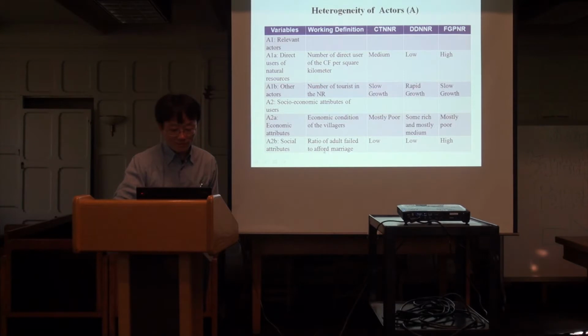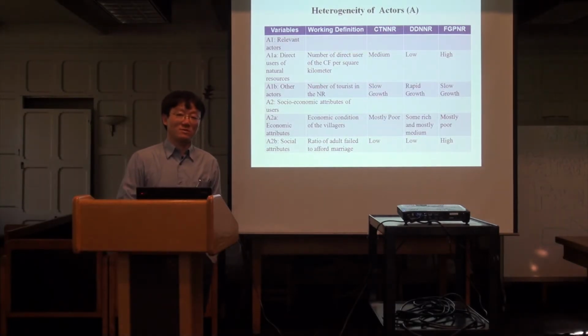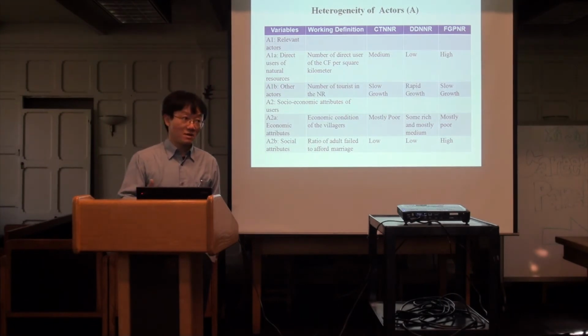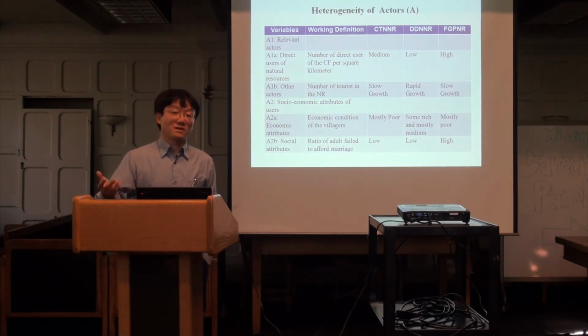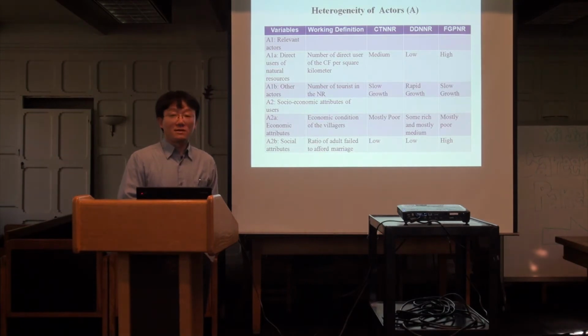The final variable is the ratio of adults who fail to afford marriage. That means, especially for gentlemen, a gentleman who is 30 years old cannot afford to marry, to find a wife. That means a very bad economic situation. That also means some social problems.